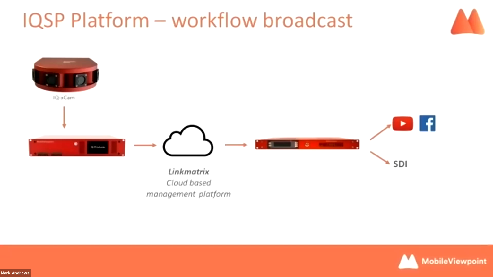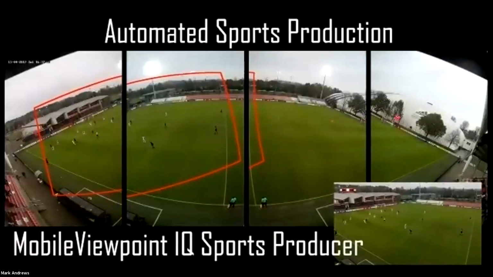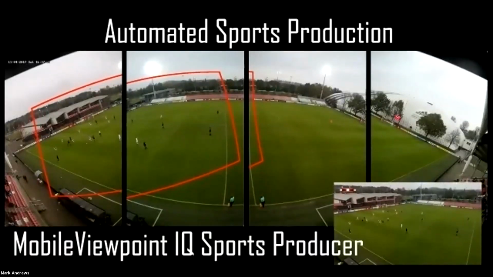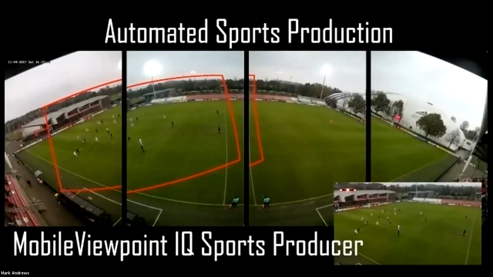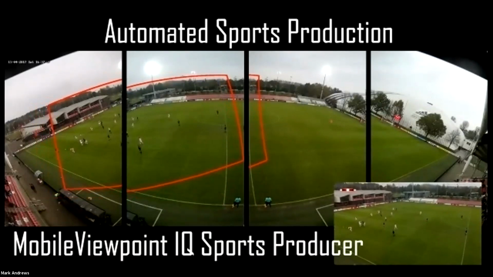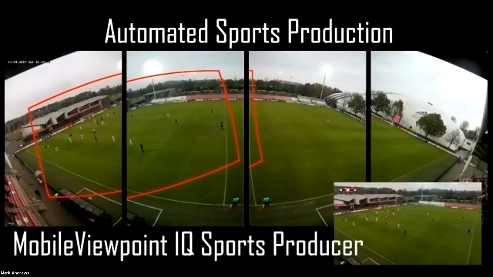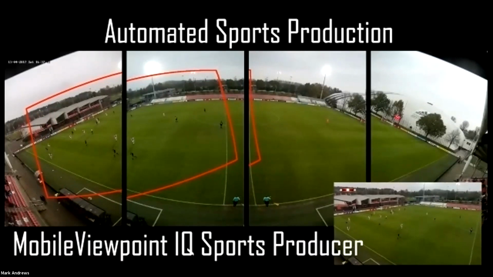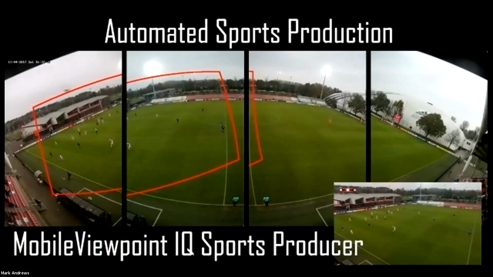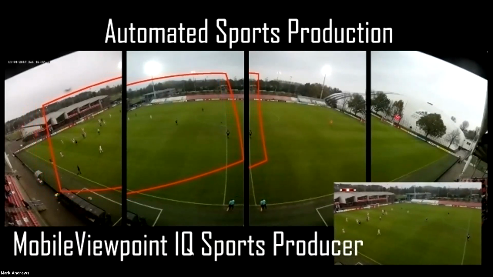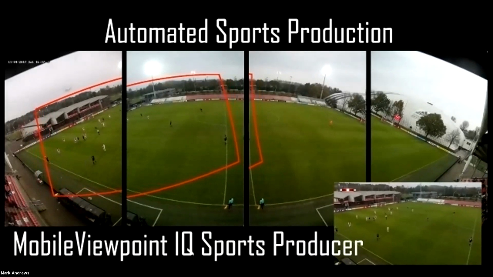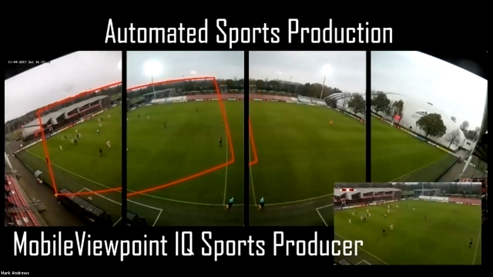So Michelle, if you'd like to go to the next slide. So here we actually have a video. So here's the panoramic view of everything. And it's actually the AI that's following the action. Now in the bottom right-hand corner, we have the example of what we're playing out. But in fact, what we're doing is we're recording the whole field of play.